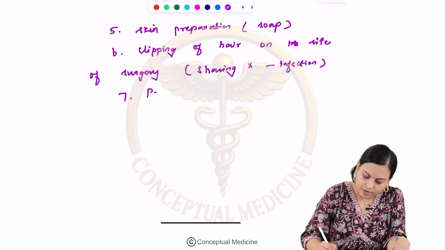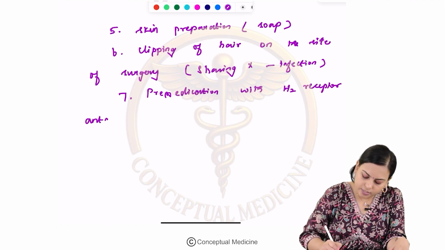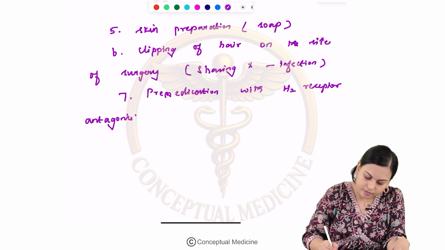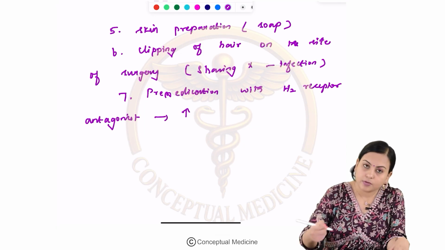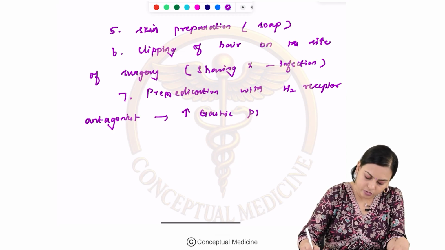Then you have to give pre-medication. Pre-medication has to be given with H2 receptor antagonist, because this will help in raising the gastric pH, okay.